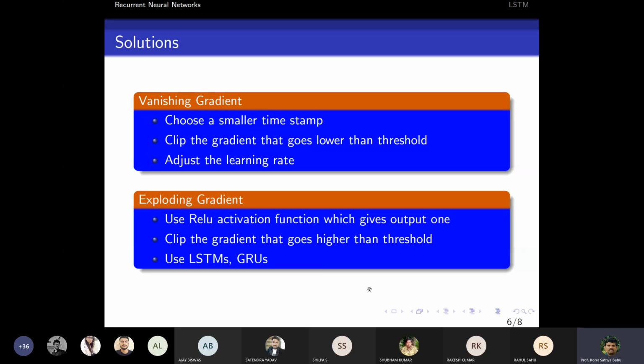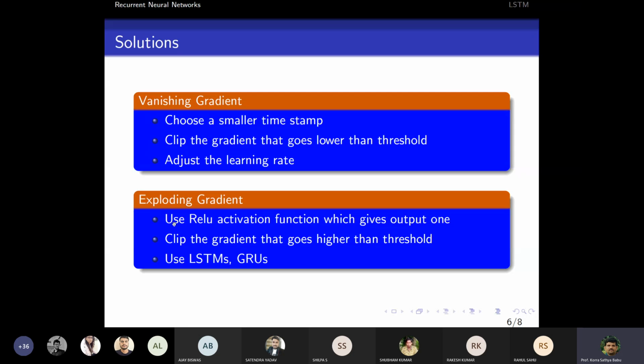For exploding gradient, we can choose a smaller... sorry, this one is clip the gradient that goes lower than the threshold, and this is vanishing gradient. Please make a small correction here.